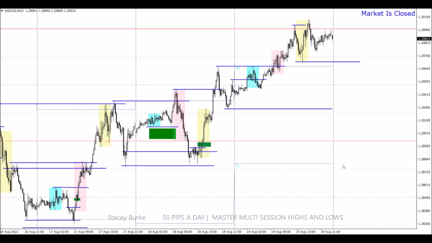I have no idea. But when you identify the multi-session high lows heading into your session, you can have a thesis for whether or not that instrument is offering you a session trade, high of the day, high of the week, low of the day, low of the week, for a scalp, a larger move, or a trend trade.